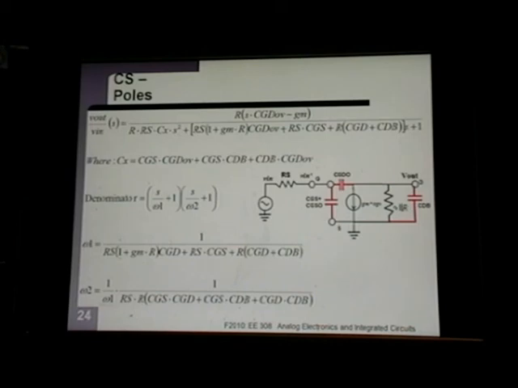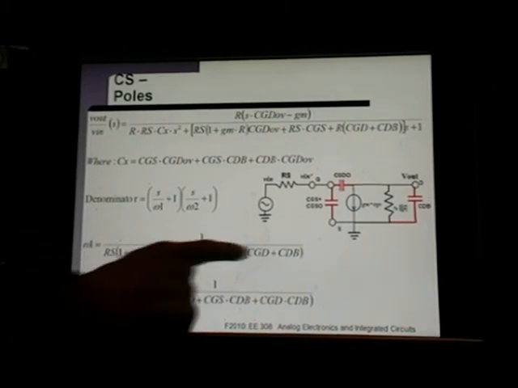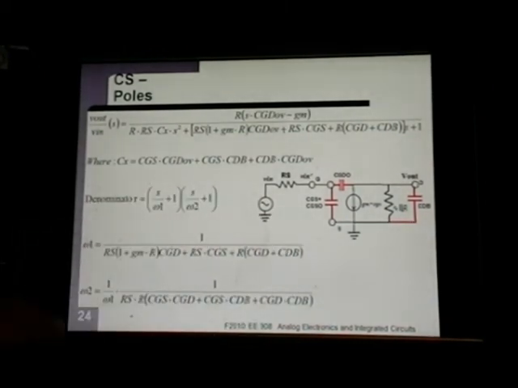We won't go through all the calculations here, but if you really want to go through all of the detailed small signal model calculations, what you end up with is a pole at this frequency and another pole at this frequency. But we won't go through all that math right now.